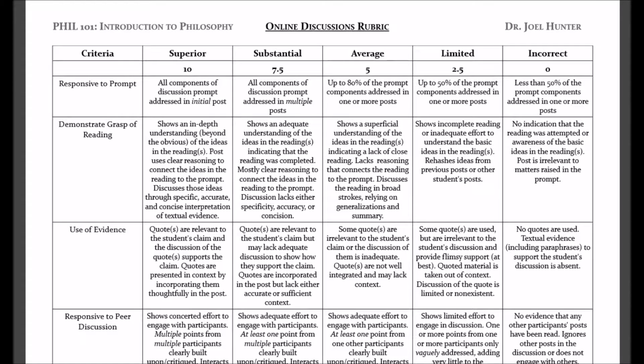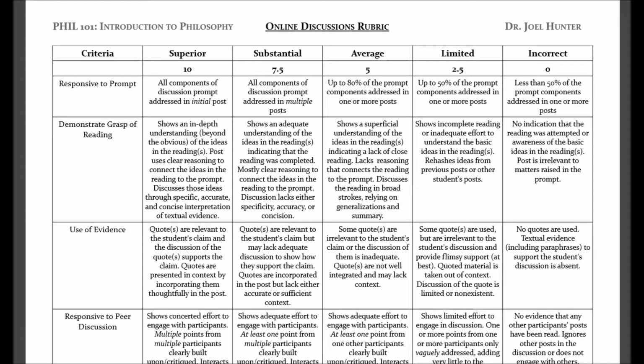Sometimes my discussion prompt has multiple parts to the question. It will always have some sort of theme or topic that brings all of the sub-questions together. But you want to be sure that you're responding to the full question.